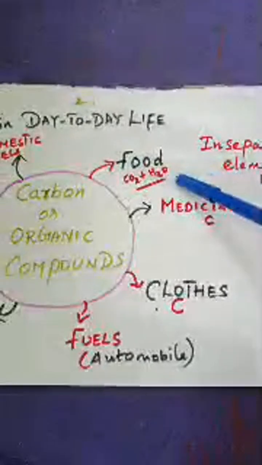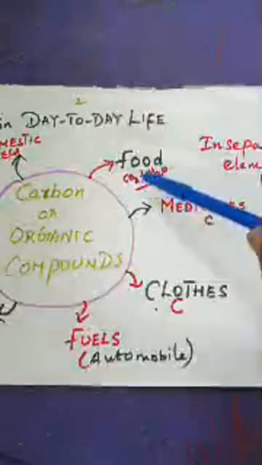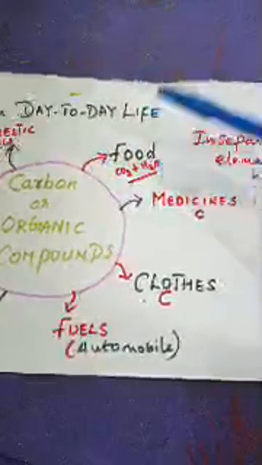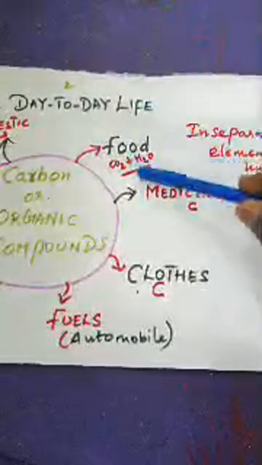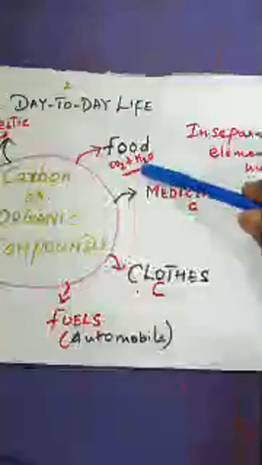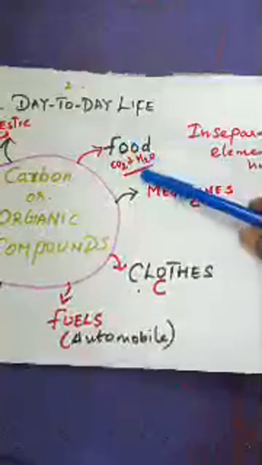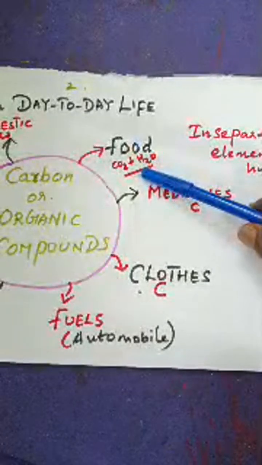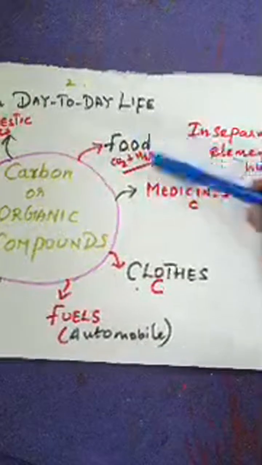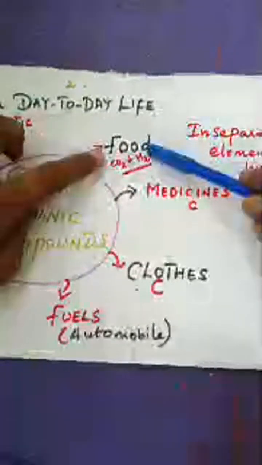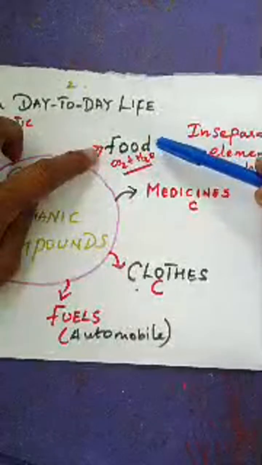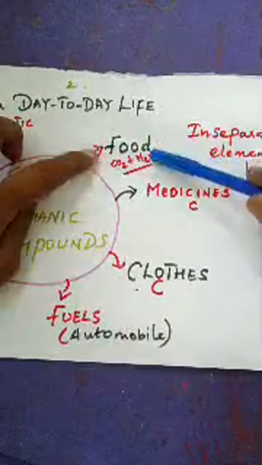The daily food which we eat is made up of carbon, oxygen, and water. Where does the food come from? It comes from plants. They prepare their food through sunlight, nutrients, water, and the green pigment present in the leaf. So this food is an organic compound, and plants prepare it through photosynthesis.